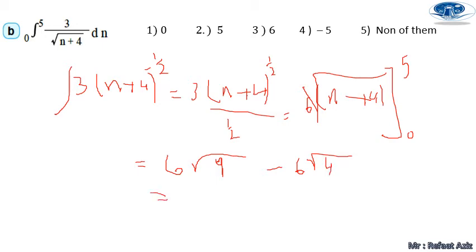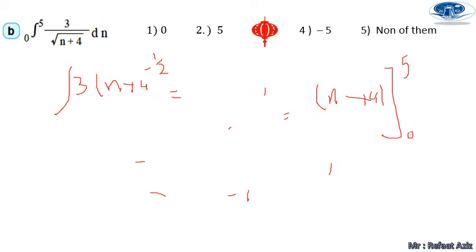Then it will be 6 times 3, which is 18, minus 12, it will be 6. Okay, then our answer is 6. That's an easy one.